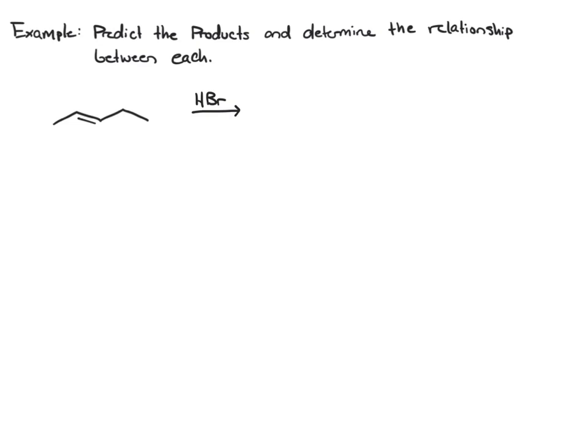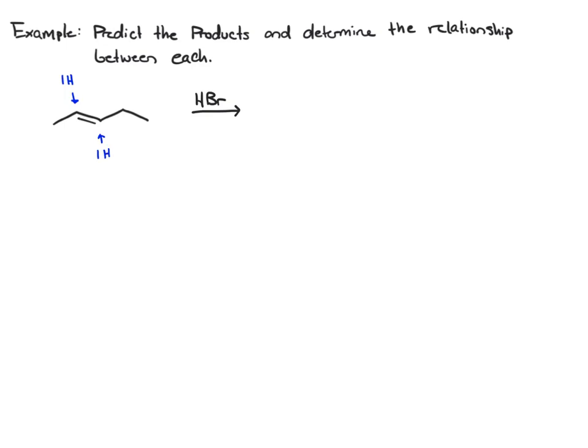Here's a problem that you should take a minute to try on your own and to see if you can draw all of the products with stereochemistry and then determine the relationships between the products. One thing I will go ahead and tell you is you're not going to get Markovnikov selectivity. If you look at both carbons of the double bond, this carbon has one hydrogen, this carbon has one hydrogen.